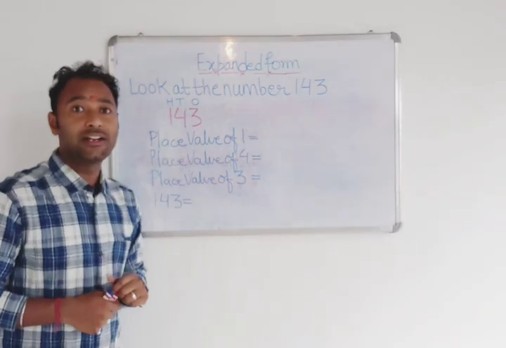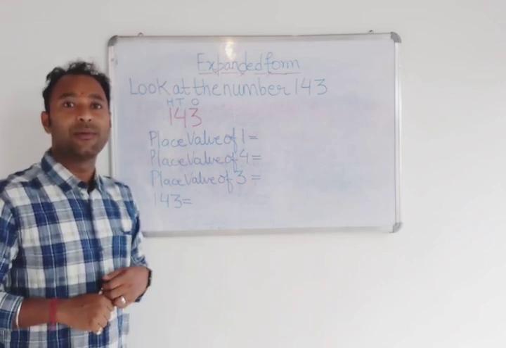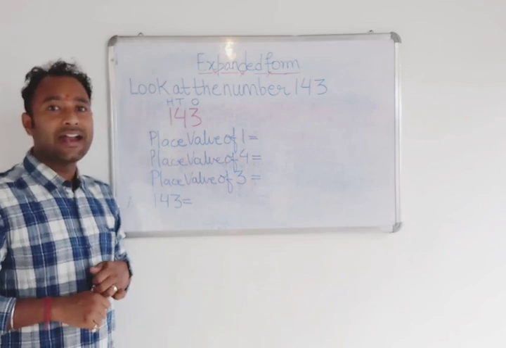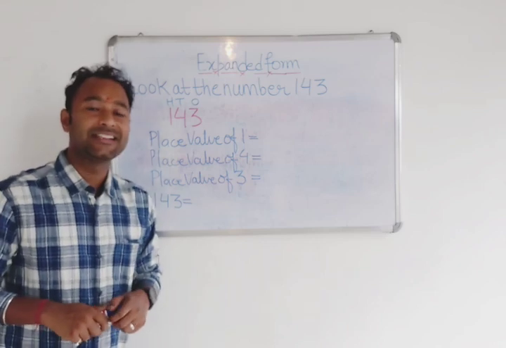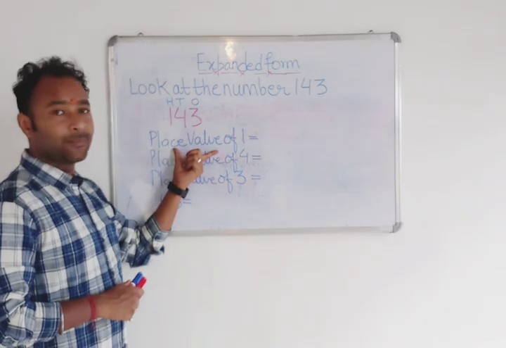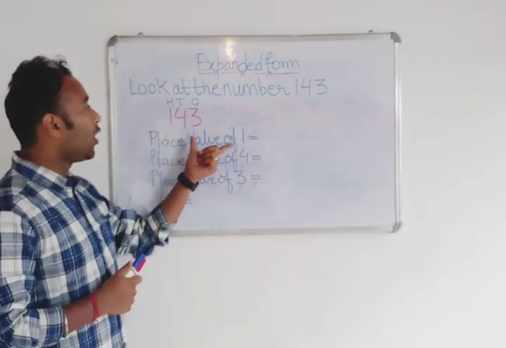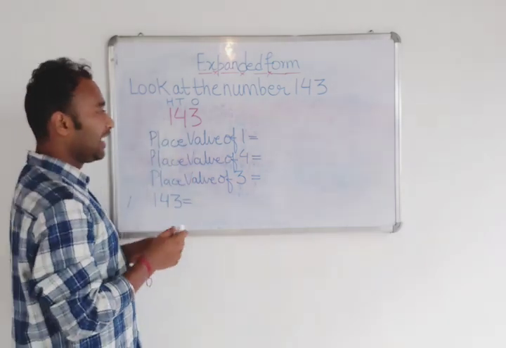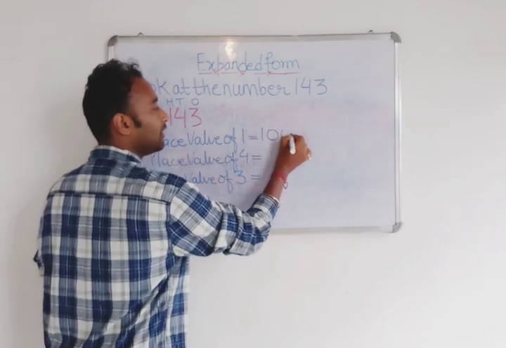Students, I have already told you, you will not get confused about what expanded form is. Expanded form is a form which tells you how many hundreds, how many tens, and how many ones are there. So in this number, what is the place value of 1? Or you can say, how many hundreds are there in 1? You will say there are 100.